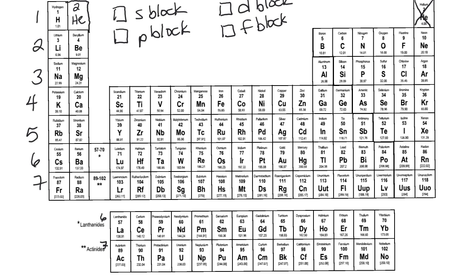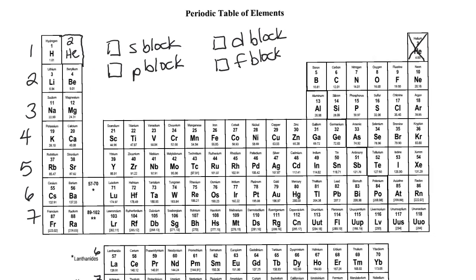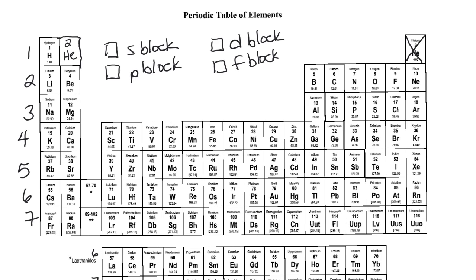Okay, so now let's do this. Now after you've done that, we need to label certain things before we even start coloring. Well, actually, no, let's start coloring first. Might be easier just to do that. Okay, so I'm going to start with yellow, and I'm going to put my S block.